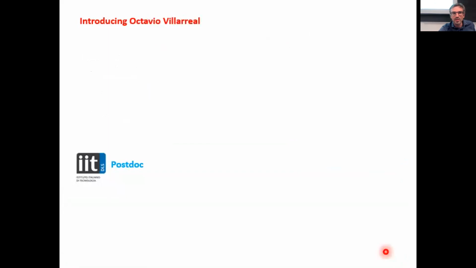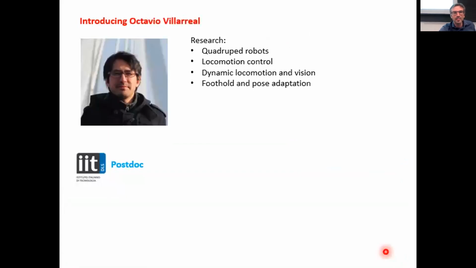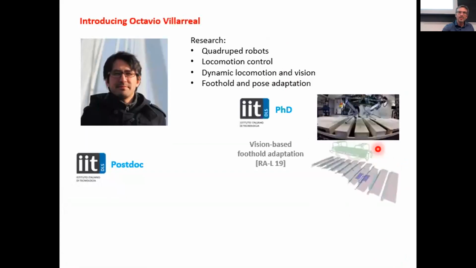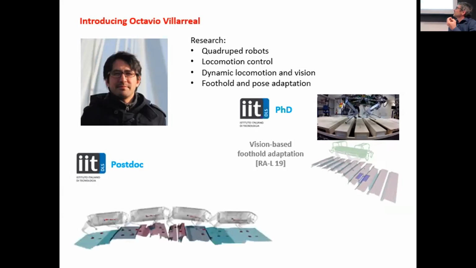Then Octavio Villarreal, my assistant, is, as I said, a postdoc. He works as well with me on quadrupeds and locomotion, and he likes to work on dynamic locomotion with vision. So using the visual feedback of the robot to create a map, you can see here, and use this map to make decisions.